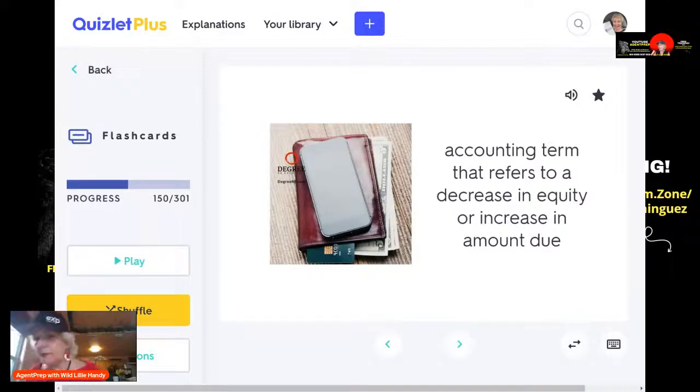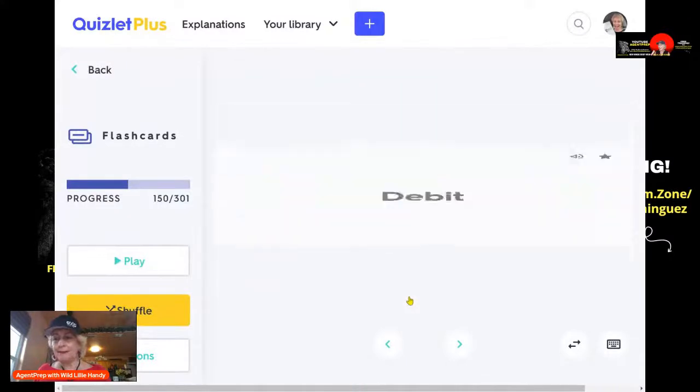Debt to income ratio. The accounting term that refers to a decrease in equity. So equity is the difference between the market value and the loan amount, or an increase in amount due. So you took money out and now you owe more. Debit. So that's your debit.